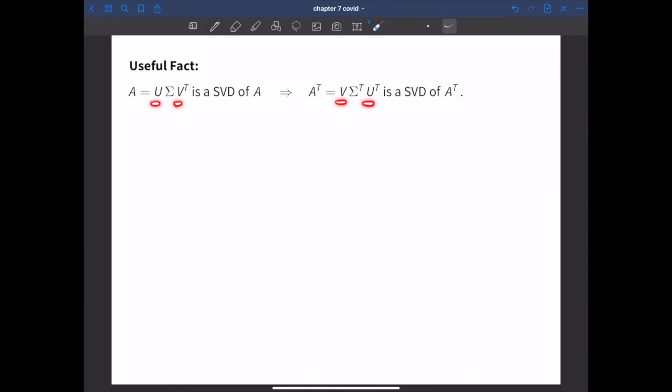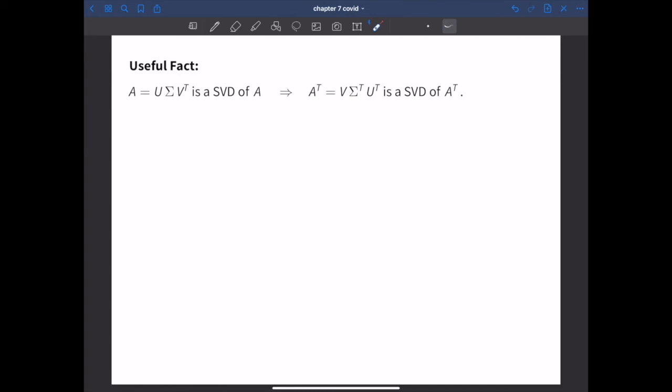So we swap the roles of U and V, and we take the transpose of the sigma matrix. So if you know a singular value decomposition of a matrix, you can pretty easily find a singular value decomposition of its transpose by just swapping U and V and taking the transpose of the sigma matrix.